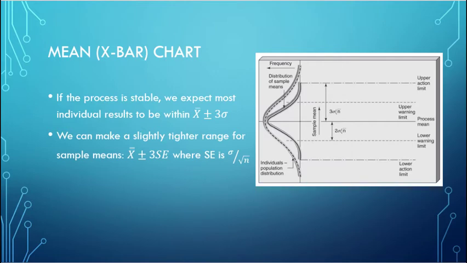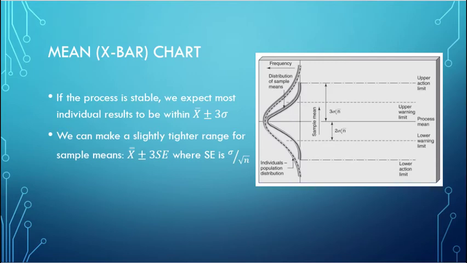Because we are looking at averages of groups, we can make a slightly tighter range for those sample means. We can say that a sample mean is likely to be within the grand average of the sample means, plus or minus 3 standard errors, where standard error is sigma over the square root of n.